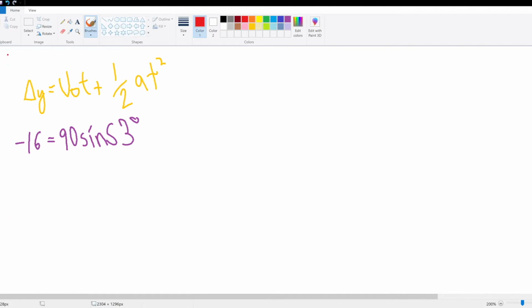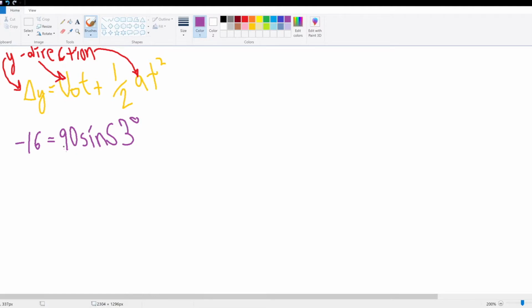We're doing this in the y direction. Okay, so that means we are taking delta y, we are taking v initial y, we are taking acceleration in the y direction. That's what y direction means. So all of this we're doing in the y direction. Anyways, now that we got that covered, let's continue.